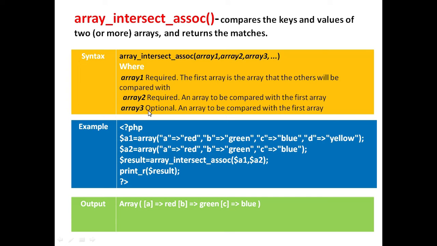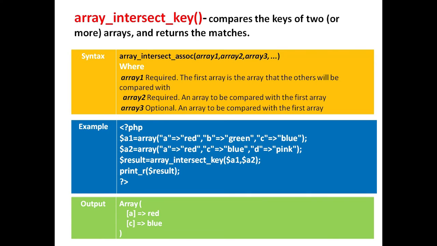Array 3 is optional, which is used to compare with the first array. Here I define two arrays A1 and A2 with these values, and when I execute the array_intersect_assoc, it will print A red, B green and C blue. That is, it will compare the keys and values both and return the values that are matches.